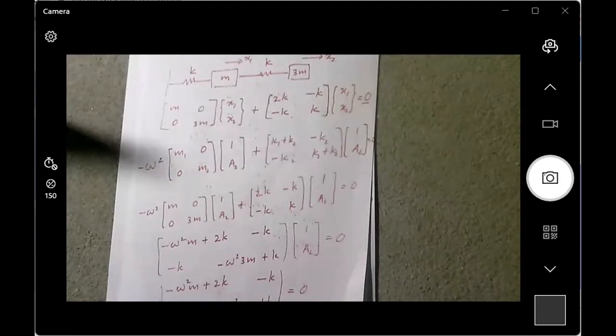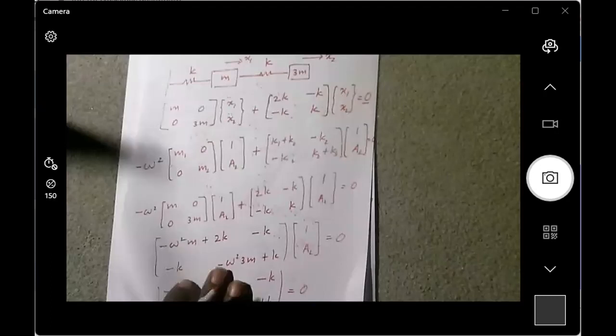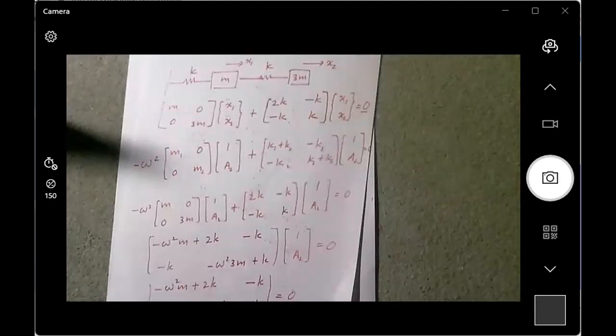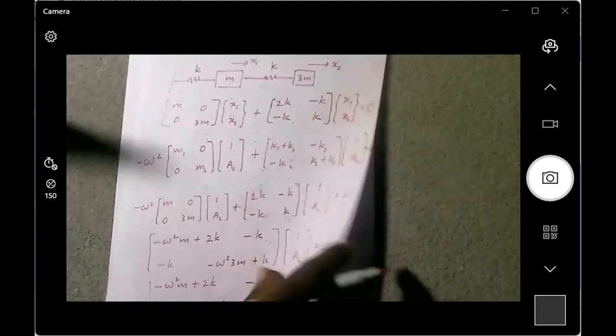Especially if it is going to be higher degree systems, you will need those things. And those who are doing mechatronics will definitely know these ones. Now simplify the determinant.